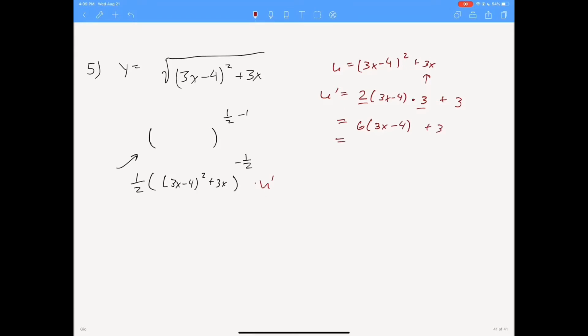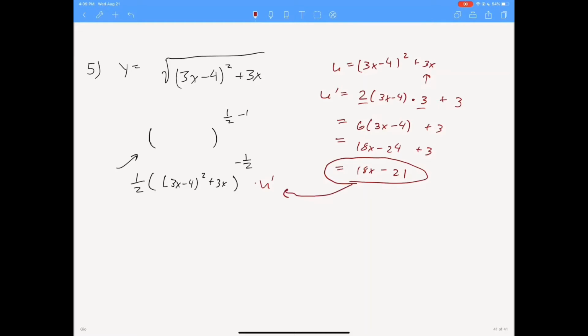And let's distribute and combine like terms wherever we can. So this turns to 18x minus 24 plus 3, which will turn to 18x minus 21. So that's our u prime. Aside, we had to use another chain rule.